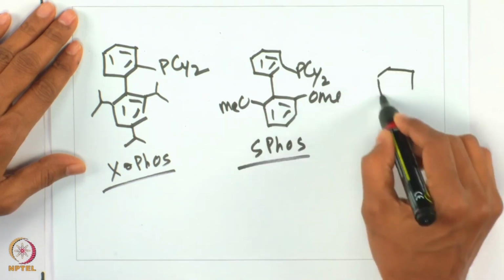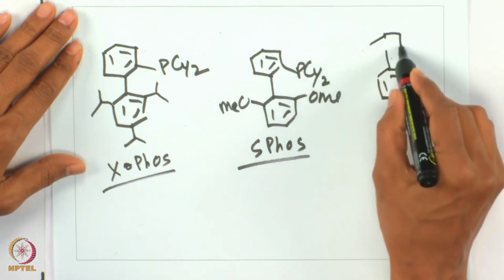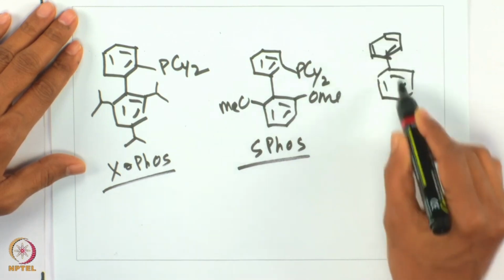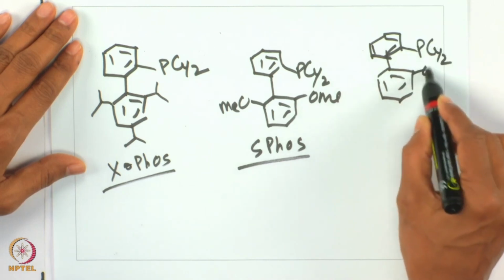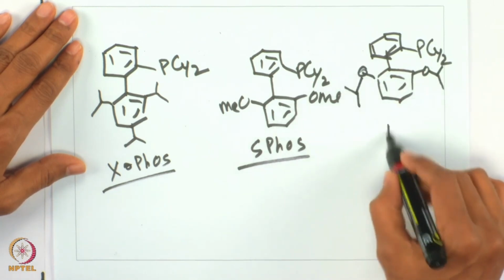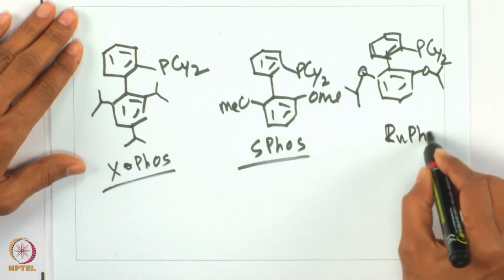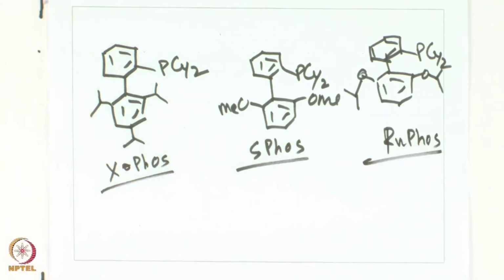And if, instead of methoxy, one has isopropoxy, then we have the RuPhos version of it, with O-isopropyl; this is RuPhos. Now, of course, there are many variations of these nowadays available.